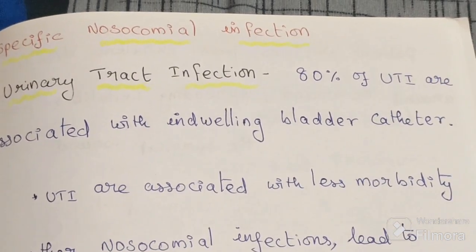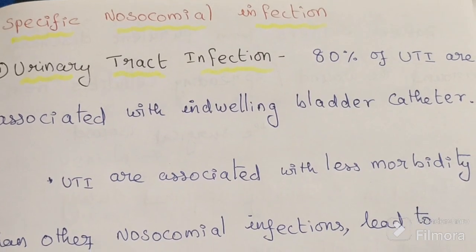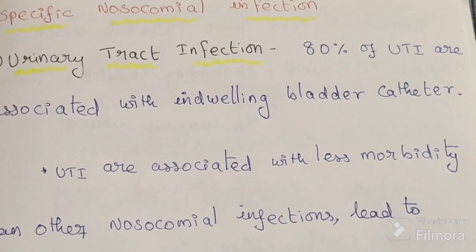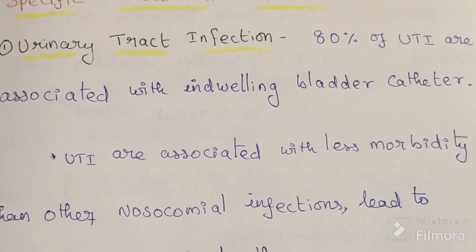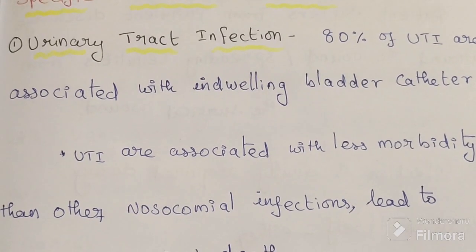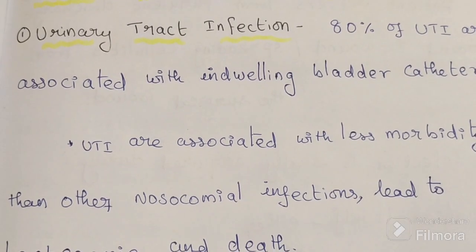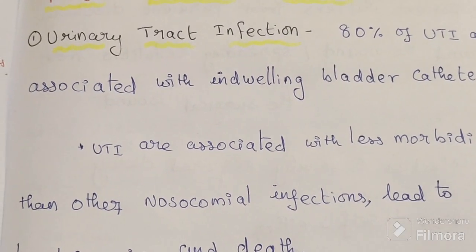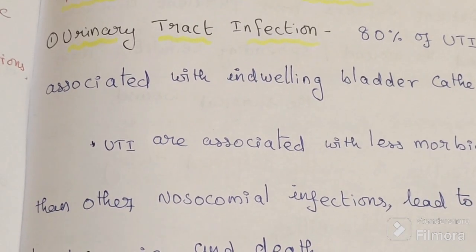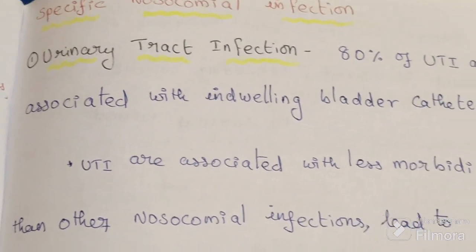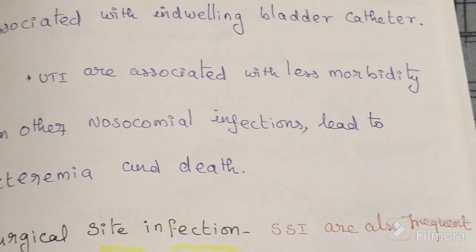The first one is urinary tract infection, the most common nosocomial infection. 80% of urinary tract infections are associated with the use of an indwelling bladder catheter. Urinary infections are associated with less morbidity than other nosocomial infections, but can occasionally lead to bacteremia and death.